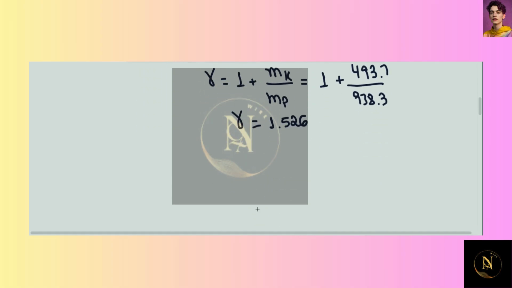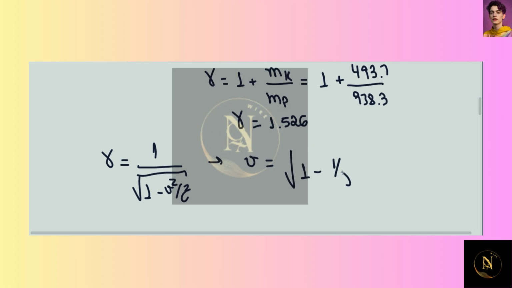With this, my goal is to calculate what u is. That is, what is the speed in the center of mass reference frame, the speed of each particle. And with this, we can calculate the speed of the incoming particle in the lab reference frame where the other particle is at rest. So remember that gamma is 1 over the square root of 1 minus v squared over c squared.